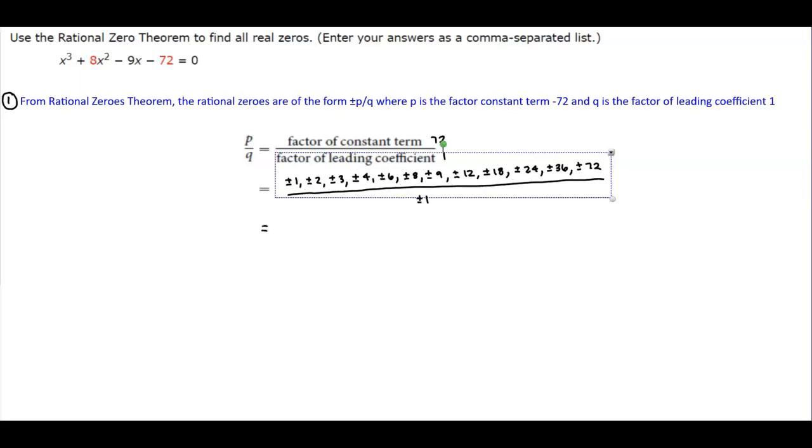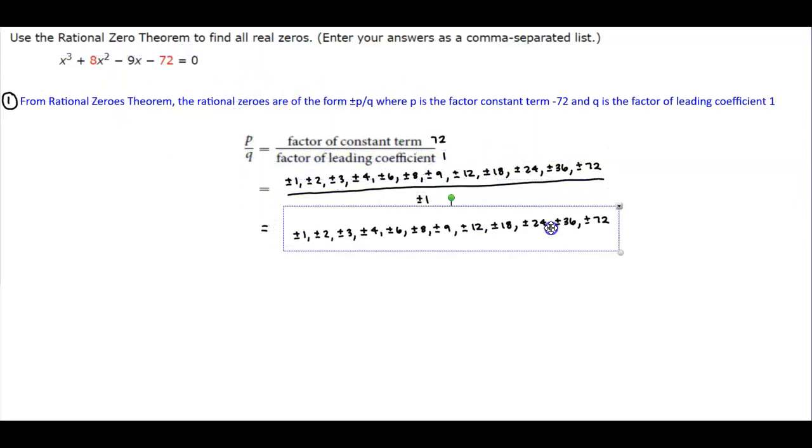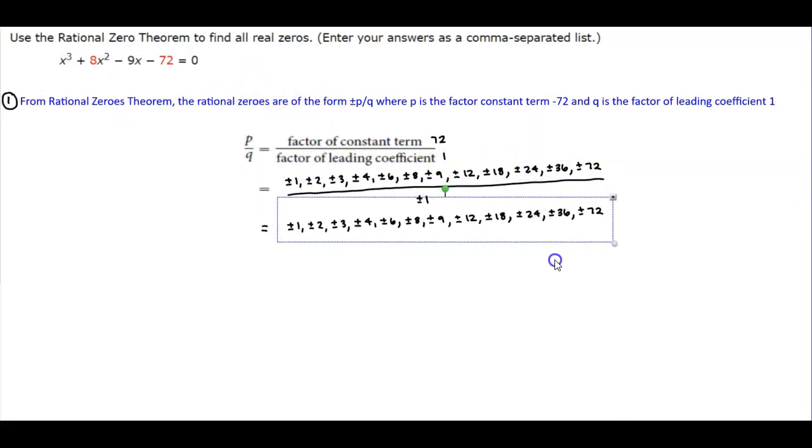So if we divide each one by 1, then these are the possible rational zeros for this function.